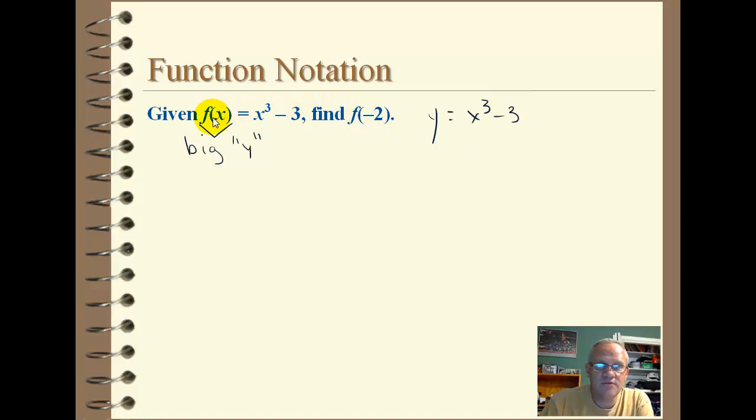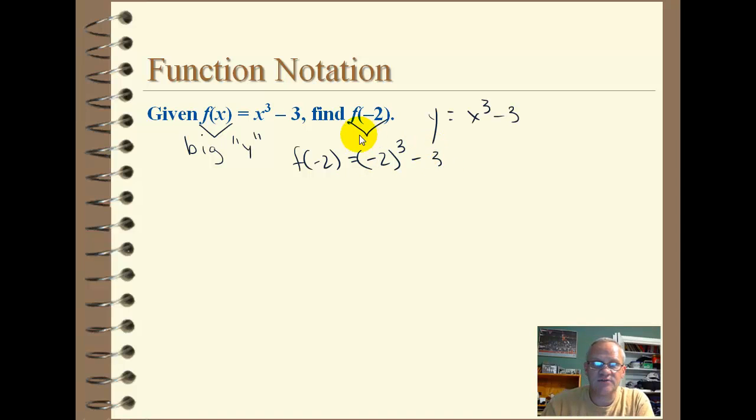But if you look at this, f of x, and then we want to find f of negative 2. Well, what changed? In place of x, there's a negative 2. That means they're saying find this when x is negative 2. So all you do is plug negative 2 in here. So we've got f of negative 2 now, since we plugged it in, equals negative 2 to the third power minus 3.